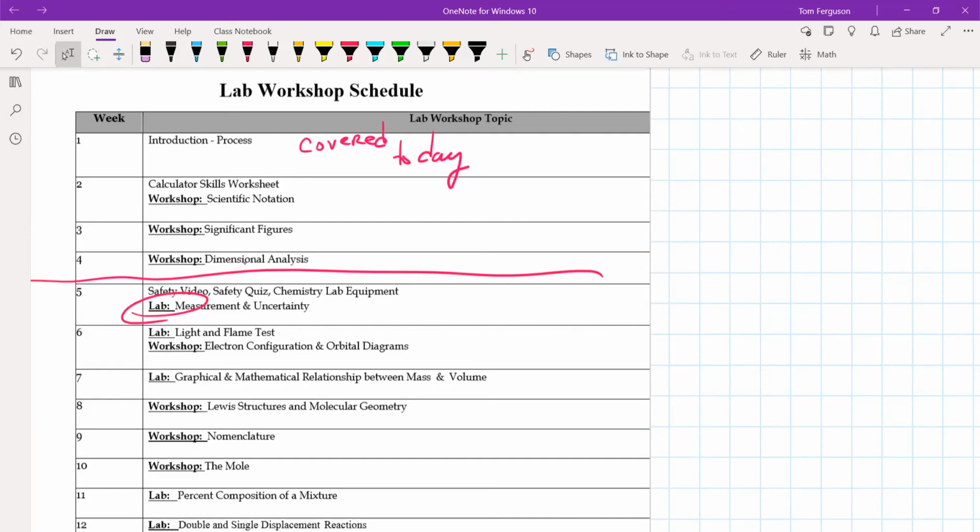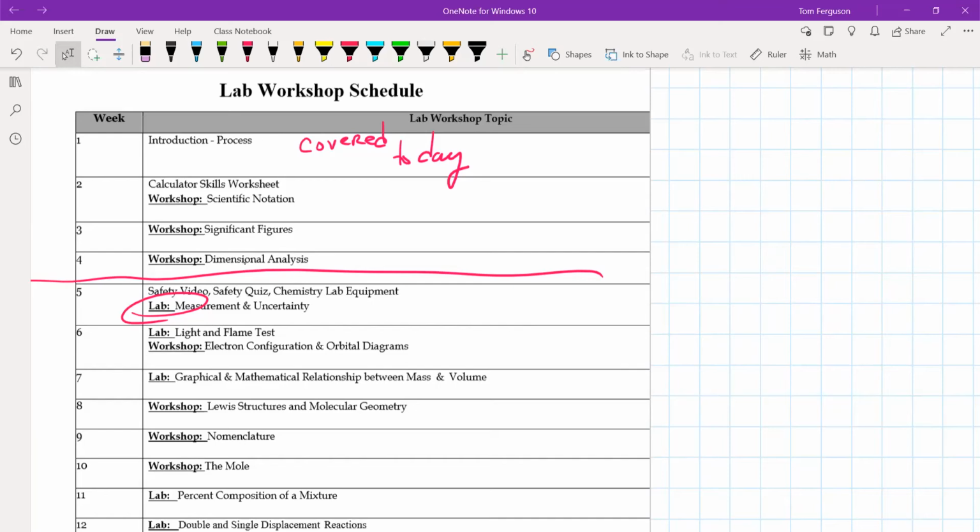You may or may not have much work with significant figures, and I want you to spend time with dimensional analysis, because I do it a certain way that's consistent with many other professors and textbooks.